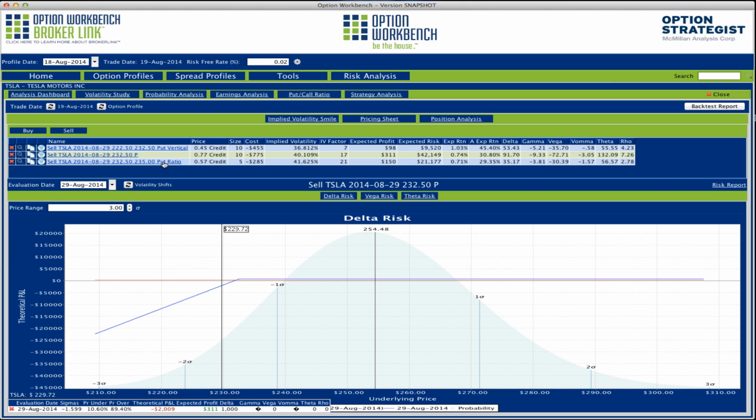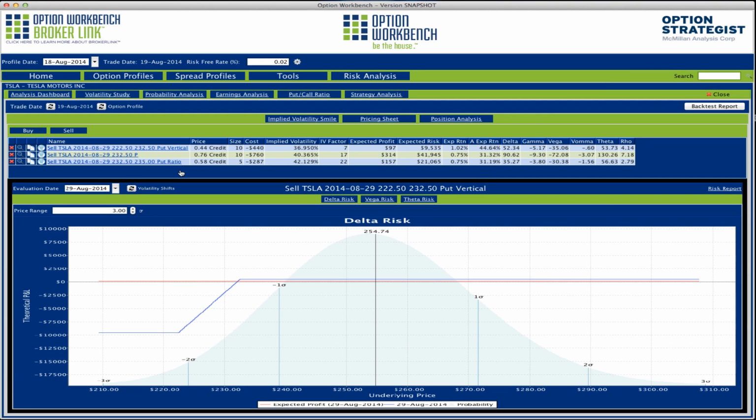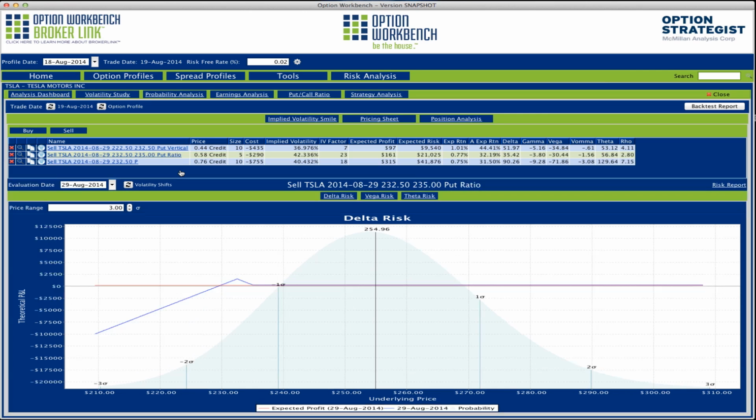So right now, even though the put vertical and the naked put have slightly better expectation, the put ratio is giving me some better downside protection, I think. But I've also got more margin. That expected risk is a margin calculation, so I'm going to have to put up about twice as much margin as I would on the put vertical.